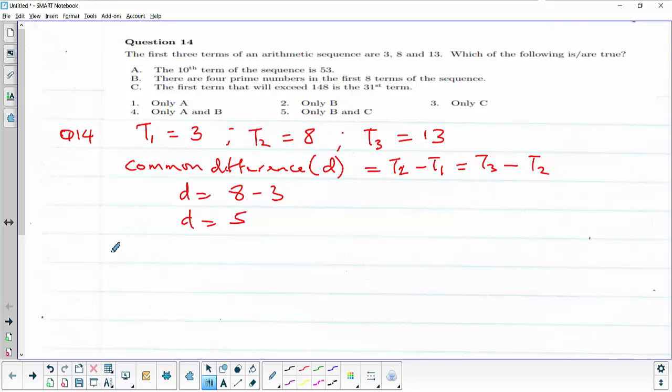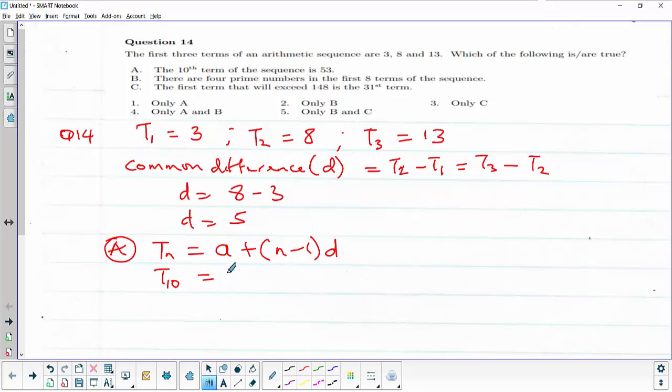So we can now ascertain whether the 10th term is going to be 53 or not. Remember that the general formula for the nth term is Tn equal to A plus n minus 1 into D. So now we need T10. A is given as T1, which is the first number given in any sequence.